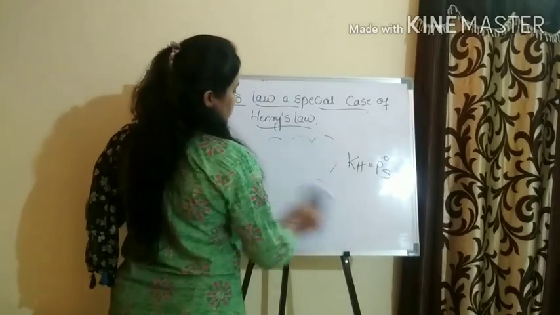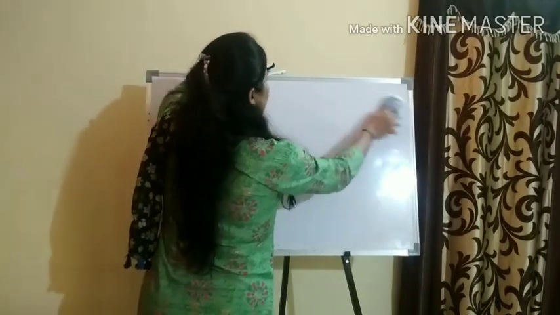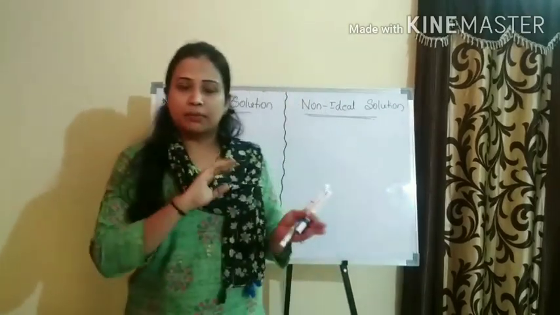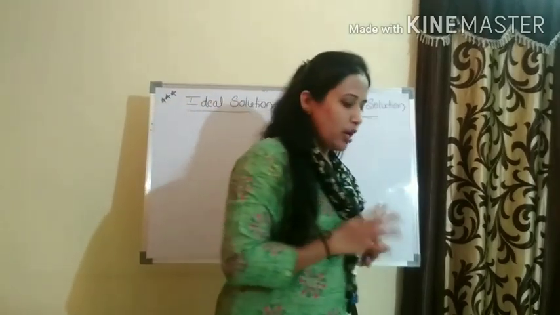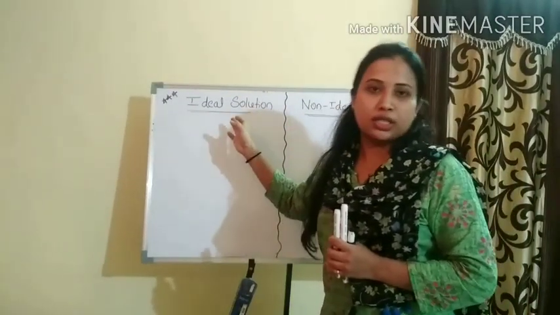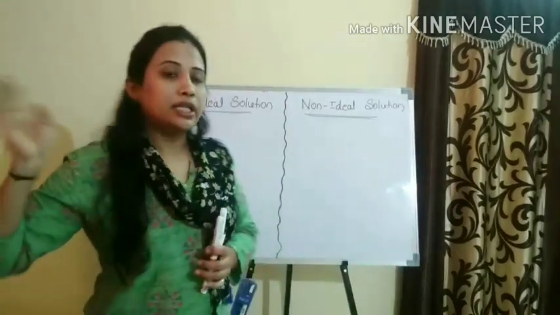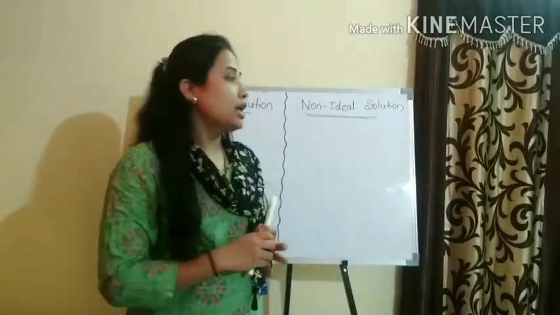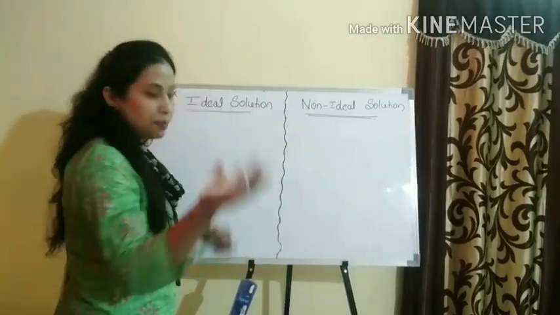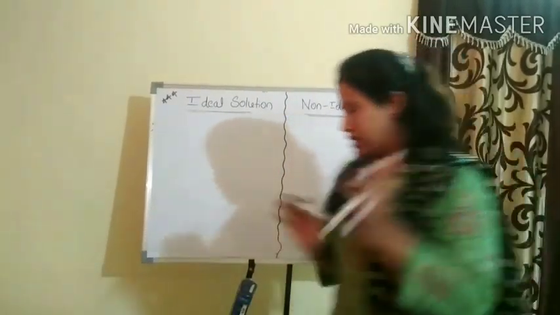Let us move to the next part, the ideal and the non-ideal solution, and take an example of benzene and toluene. Before going to the classification of a solution based on whether it obeys Raoult's law or not, let us have a little discussion about what happens when two liquid components are mixed.